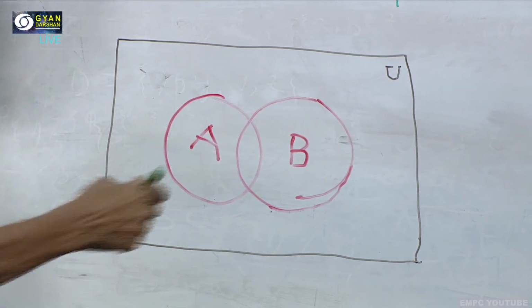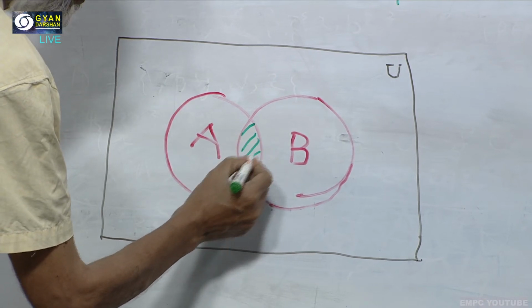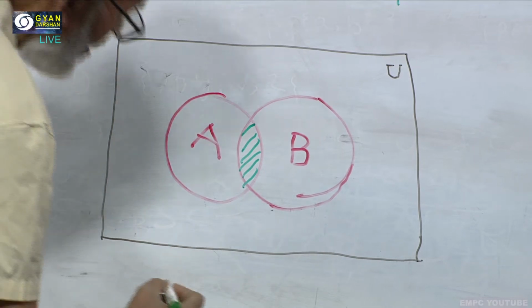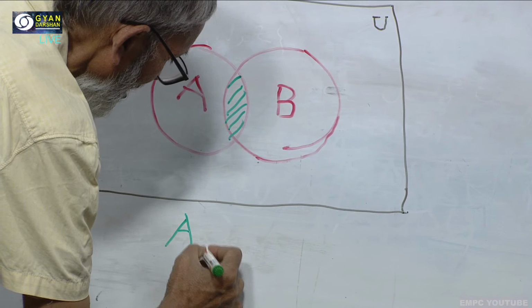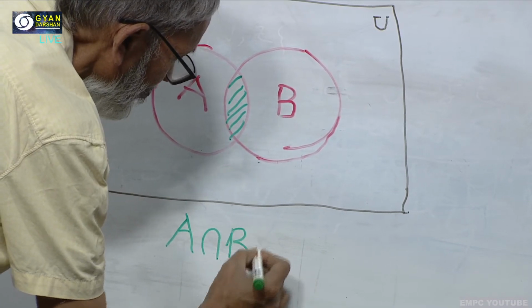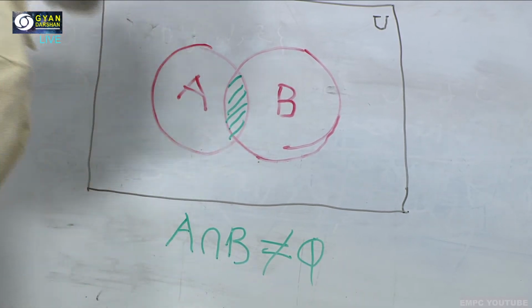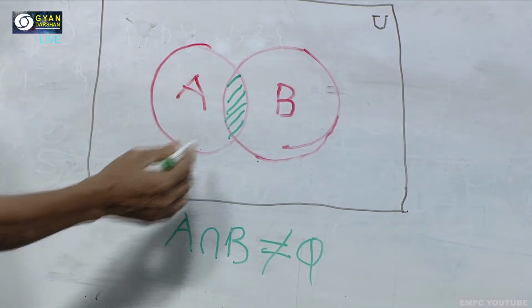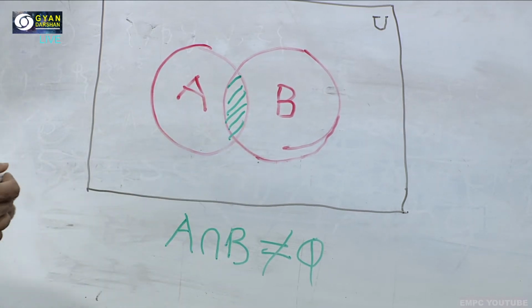So, these elements are common. So, here A intersection B is not equal to phi. It is not an empty set, because there are some common elements in A and B, and this portion is A intersection B, the shaded portion.